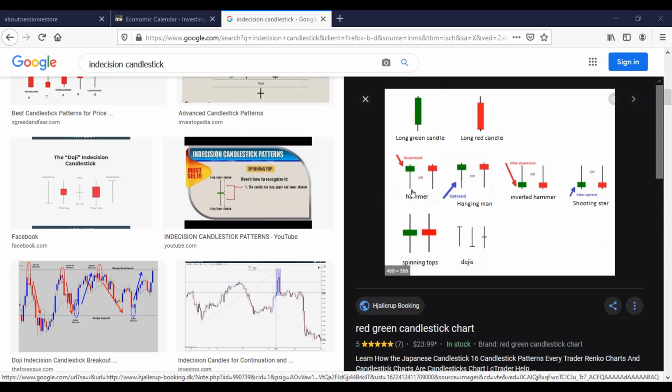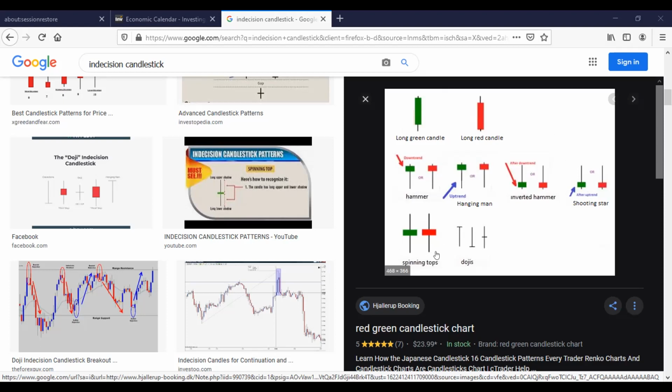And the hammer as well, you see those things at a support area where sometimes you see a hammer form and the market takes to the upside. A shooting star at a resistance, you see that, and the price goes to the downside, right?